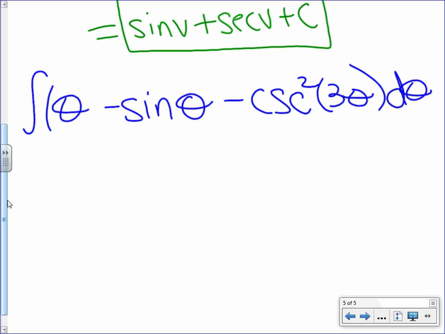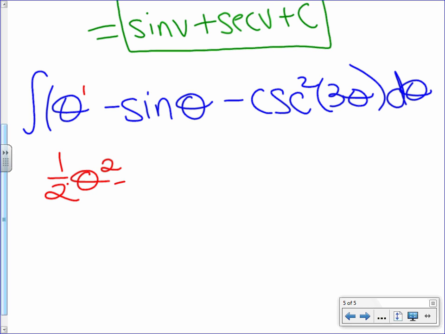So if the goal is just to break it up, let's talk about this one. Theta squared times 1/2, because that's like theta to the first. Negative sine theta.